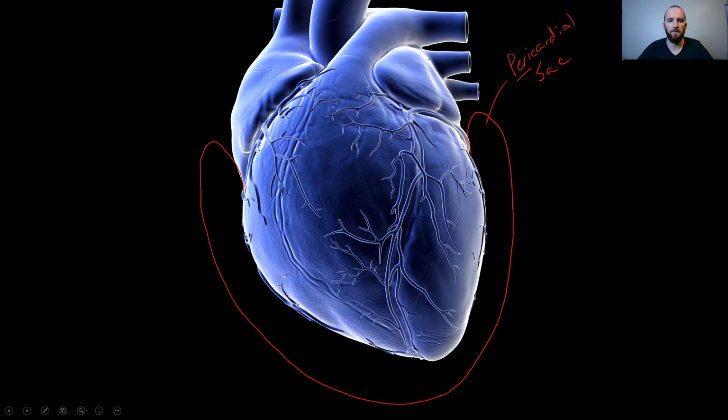Later on, depending on time, we might circle back to things like cardiac tamponade, where this sac gets fuller and fuller of blood or fluid or whatever it is, and all that pressure starts squeezing on the heart and causing problems.